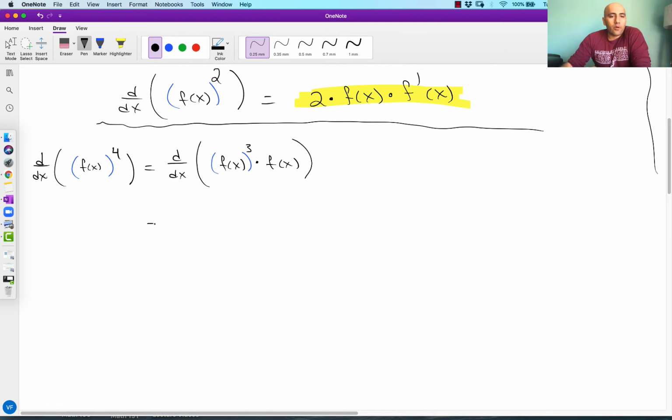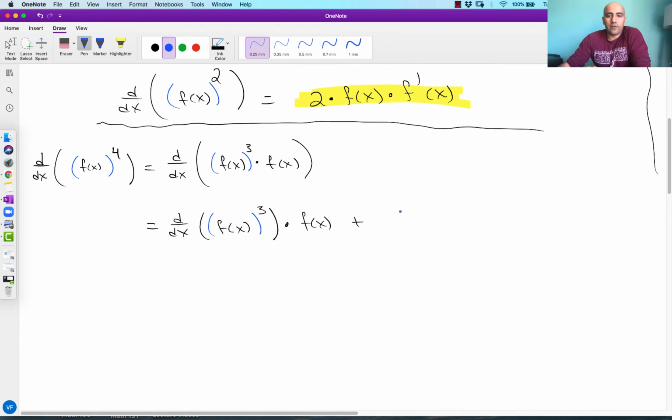Okay, so then by the product rule, we'll say that this is the derivative of f of x cubed, the derivative of the cubed one. That looks hard, but remember we already have this answer, so it's just a matter of copying it from over there, times, and then leave the second function alone, f of x, plus, now leave the first function alone.